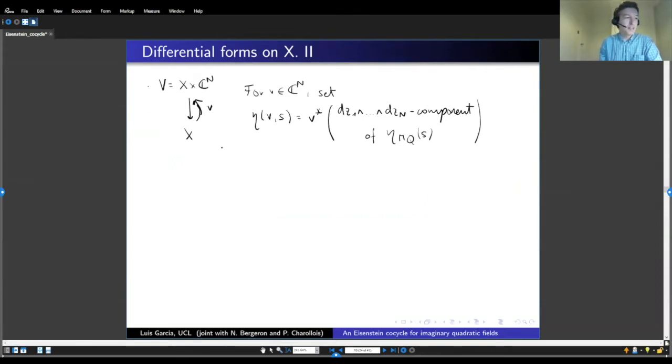So let me explain what I mean by this. If you have a form omega, here you have some form of degree 2n minus 1, you can always write it in the following way.